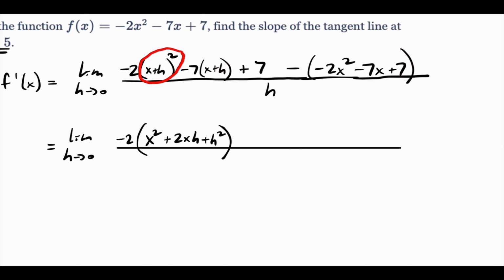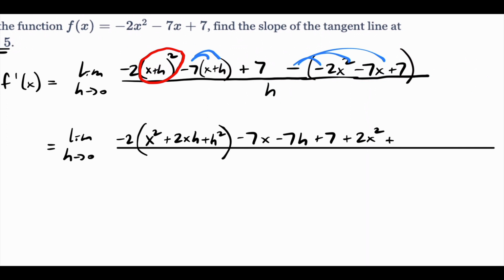And then I can do distributive property here. -7x minus 7h plus 7. And then I can do distributive property here, here, and here. Plus 2x squared plus 7x minus 7.